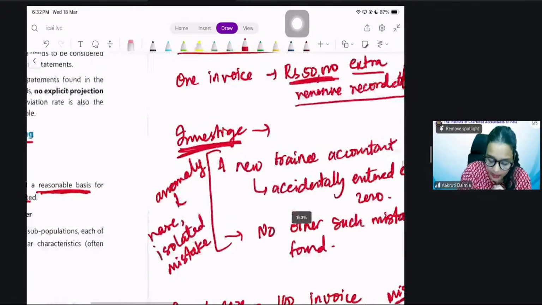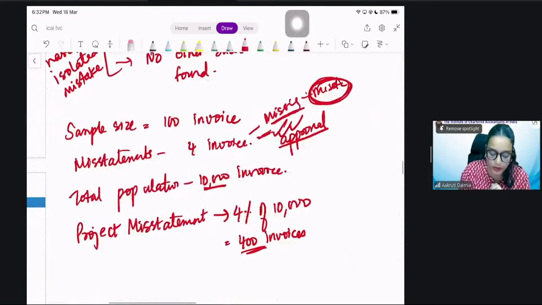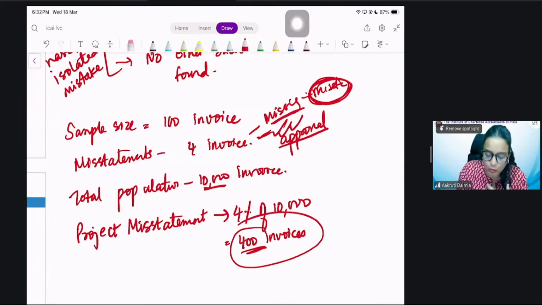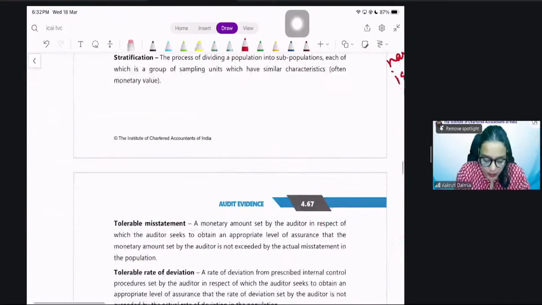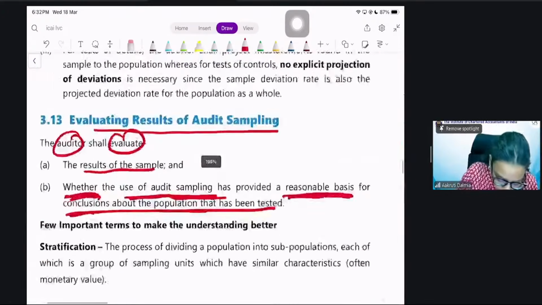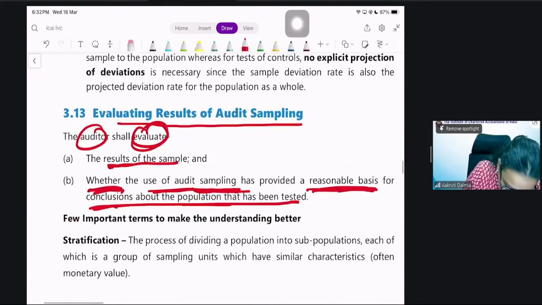So if by checking 100 invoices, you got 4 and the 4% deviation is making you feel that I don't think that after my evaluation this is correct, I should check more. So as an auditor, it is your job to evaluate the results and whether you can use the result of the sampling to give conclusion about the population.